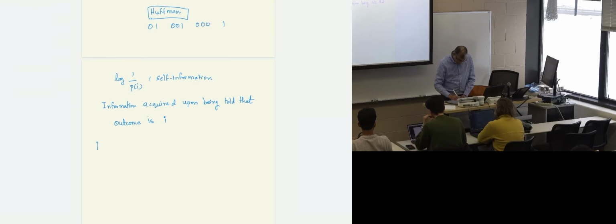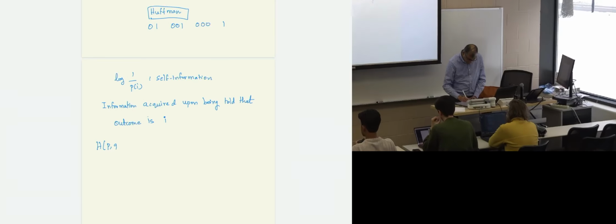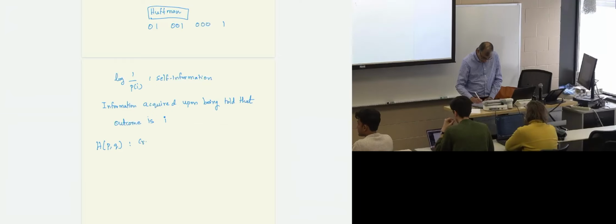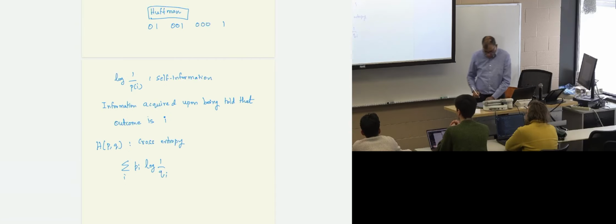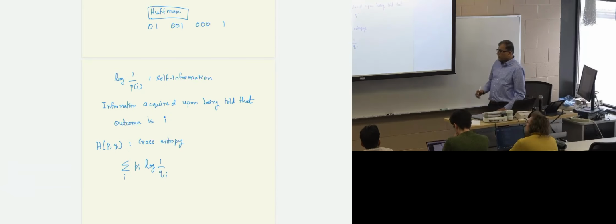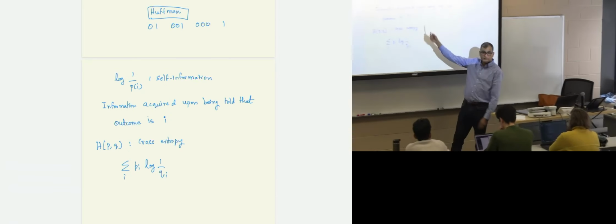And similarly, we also saw cross entropy. This is nothing but summation P i log 1 over Q i. Okay? So again, you can relate it to the optimal coding, right?